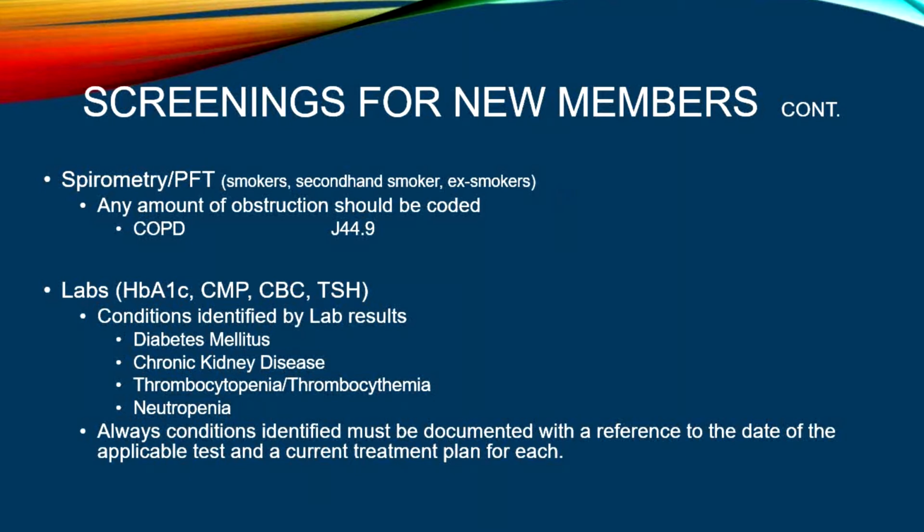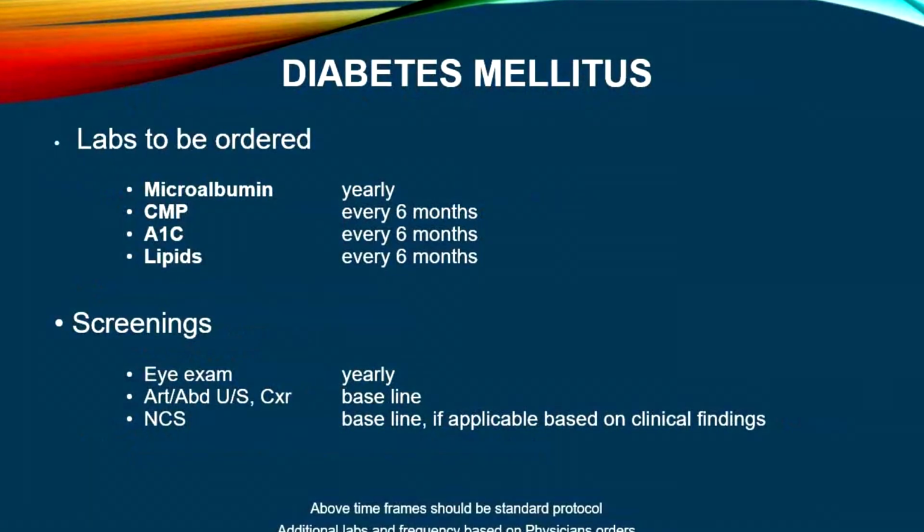We always order the A1C, the CMP, CBC, and a TSH. From there, we can get quite a few diagnoses, as you saw on the list.